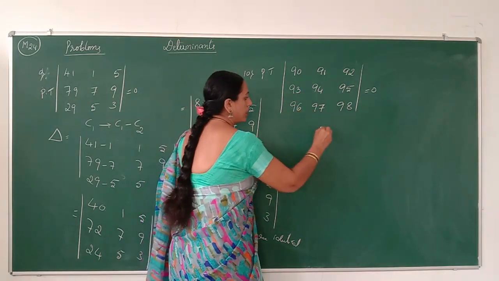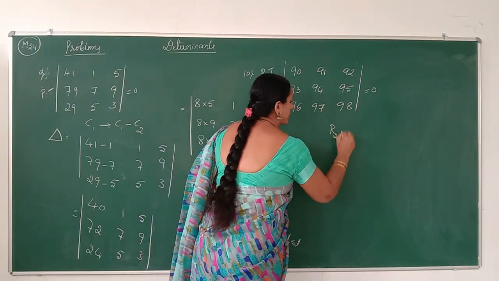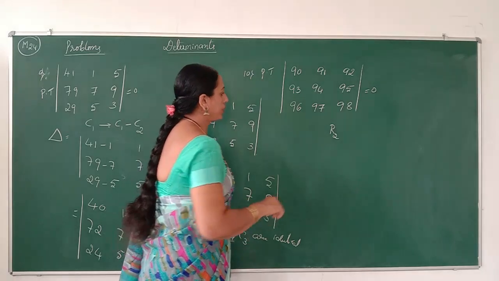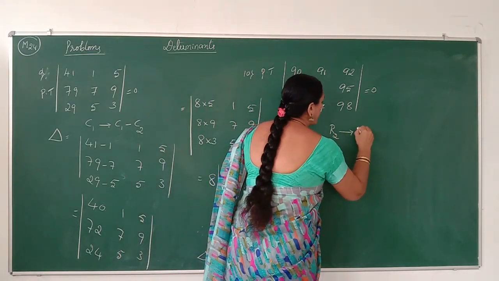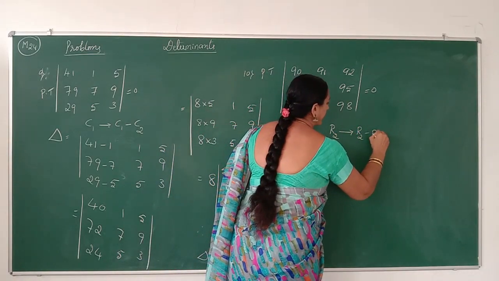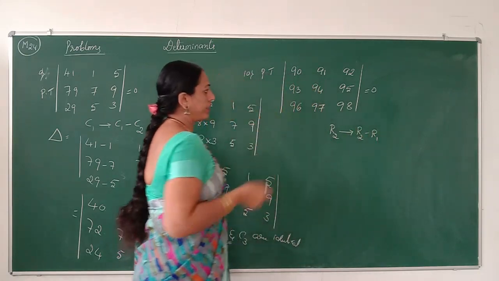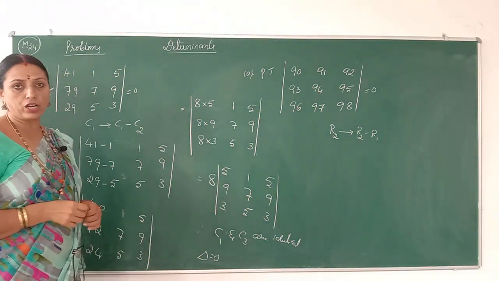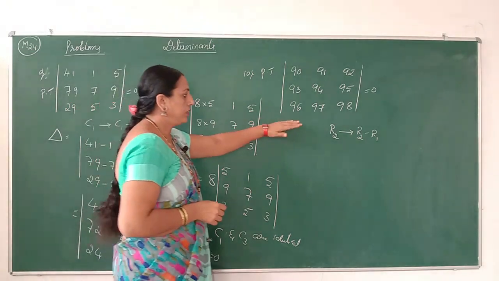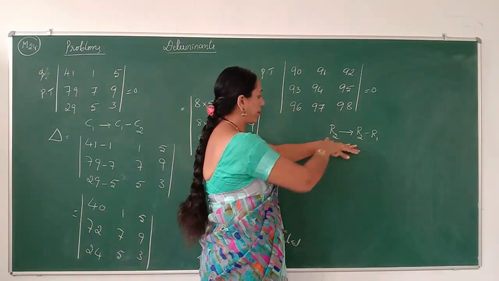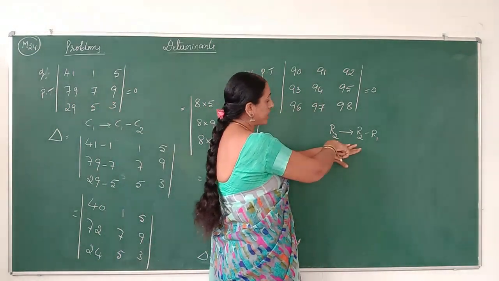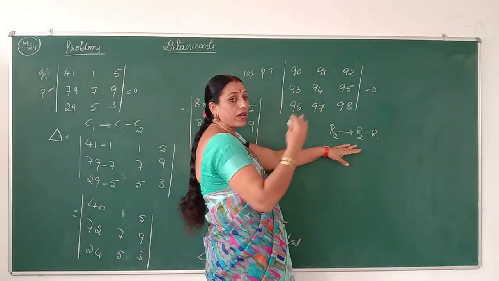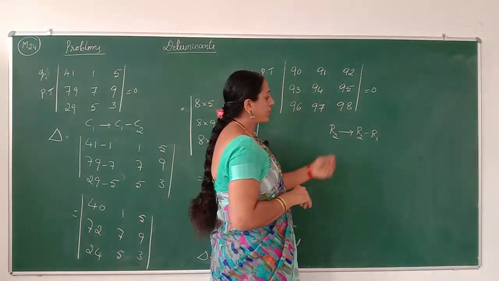In these cases, we operate on two rows. Now, R2 can be written as R2 minus R1. Again, first we observe whether there is any common factor for any rows or columns. There is no common factor, therefore we operate by subtracting the corresponding elements of rows or columns.